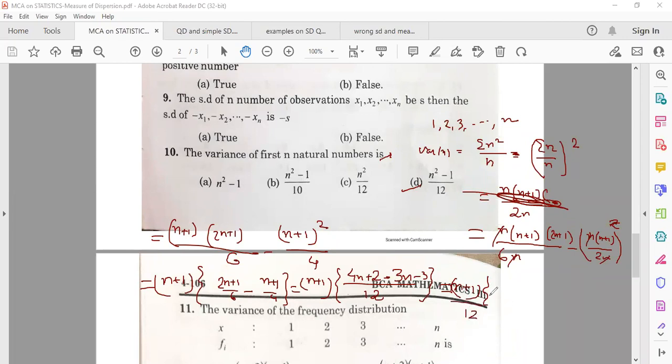And 4n minus 3n means n, minus 1. That implies we have n square minus 1 by 12. So that is the answer.